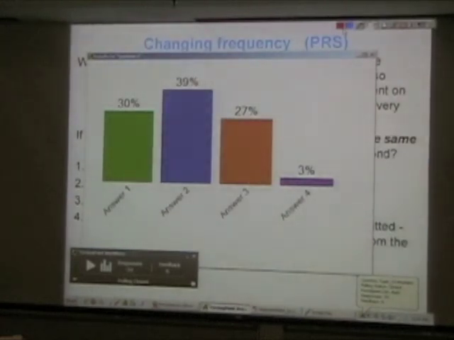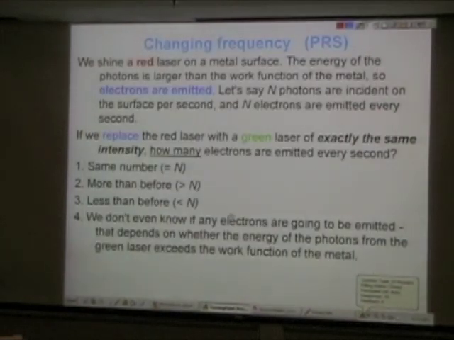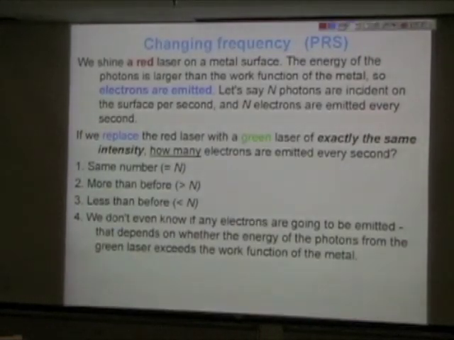Okay, number 2 is most popular. So let's see. That's the most popular answer. Well, first of all, that is wrong. It can be correct. However, this also can be correct, because from two questions before, we know when we replace a red laser with a green one, photoelectrons get emitted.